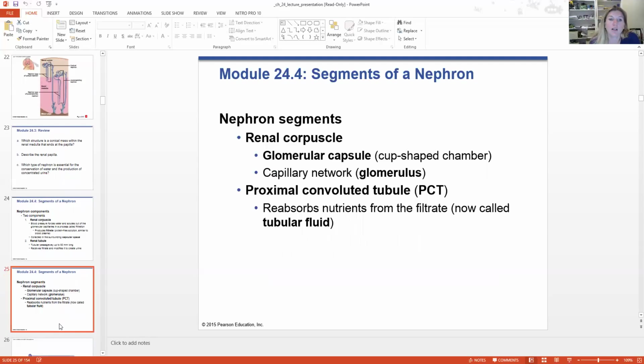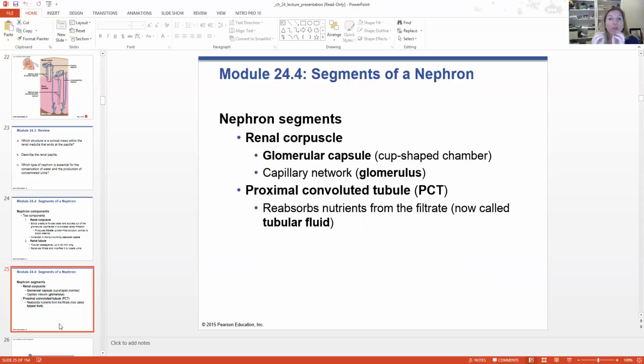So the renal corpuscle, as I said, has that glomerular capsule to it. The capsule is kind of shaped like a cup. I think of it like a catcher's mitt. And then the glomerulus is inside of it. So this whole thing is the corpuscle. The catcher's mitt, so to speak, catches all of the junk that's kicked out of your blood at that glomerulus, or in that glomerular capillary.